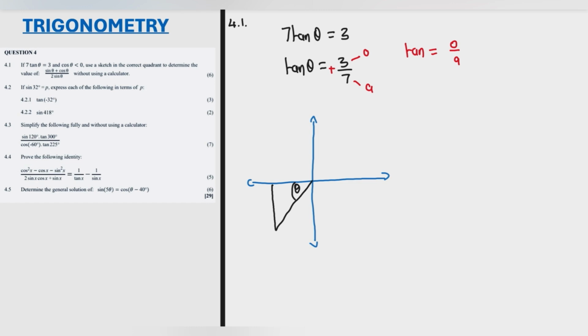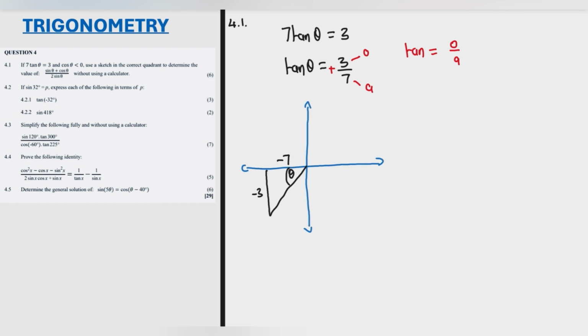So that means that your x is -7 and your y is -3. Whenever you divide these two to say -3 over -7, the minus signs cancel out. Hence, our final answer is just 3 over 7.